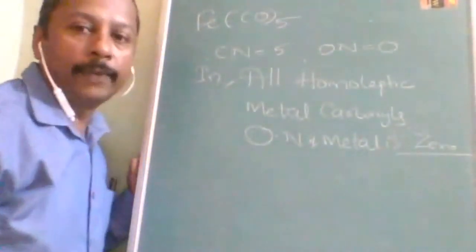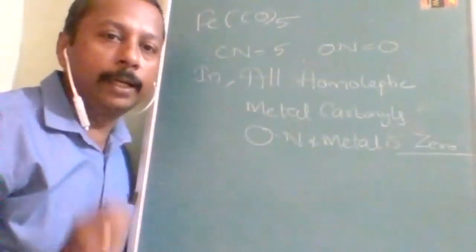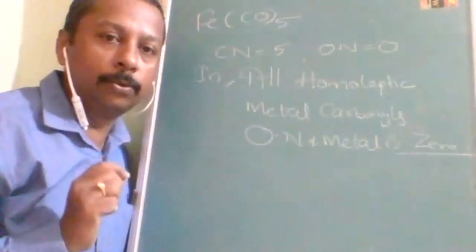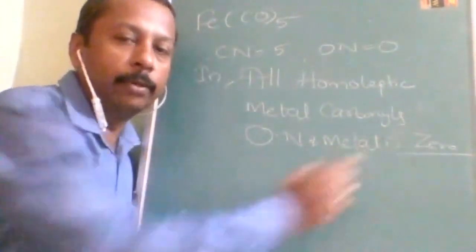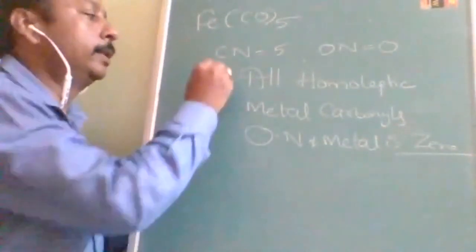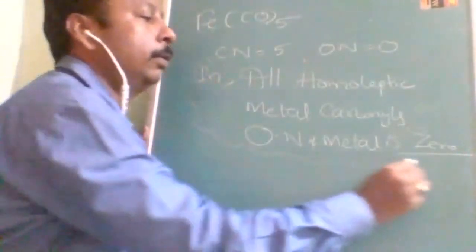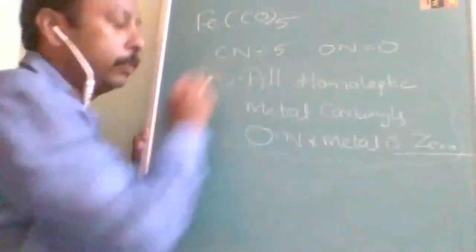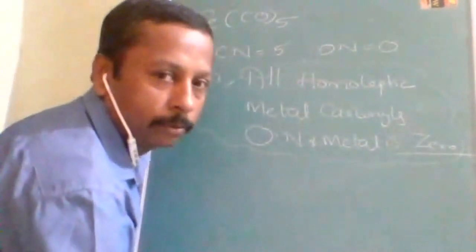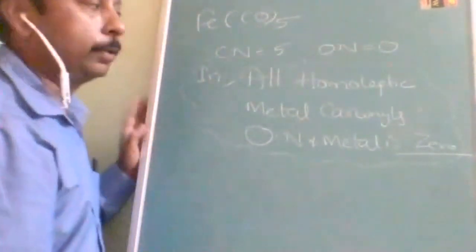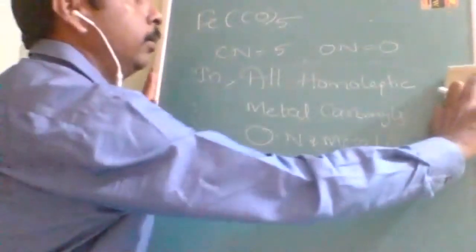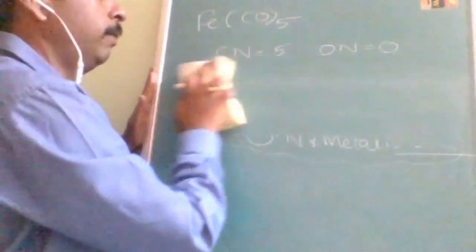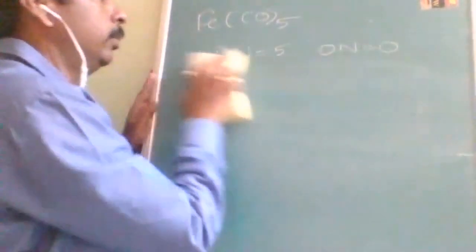If in the entire complex you find carbon monoxide is the only ligand, blindly the oxidation number is going to be 0. This is the trick to remember. Without forgetting, without solving anything, you are going to score good marks. Homoleptic means all are the same type of ligand. What is that ligand? Carbon monoxide.